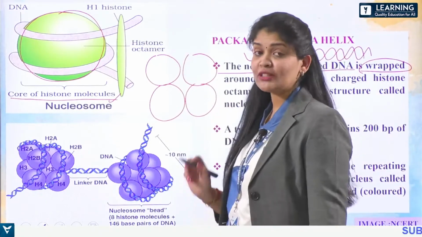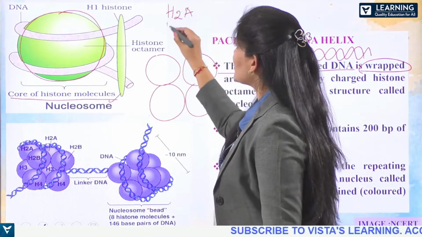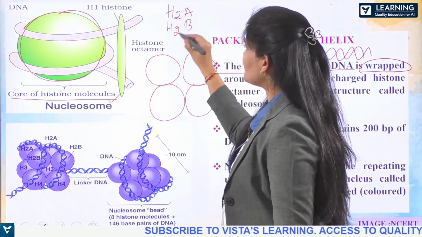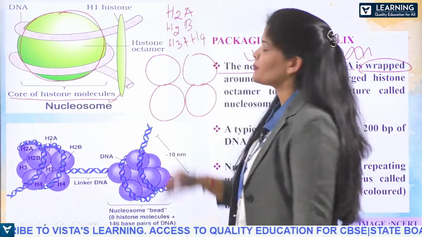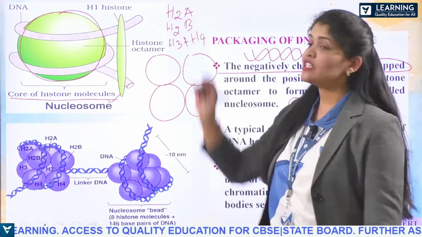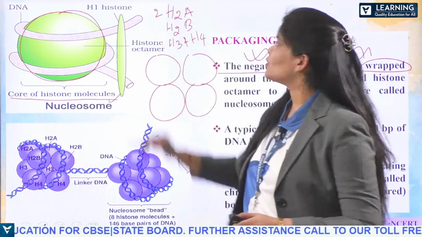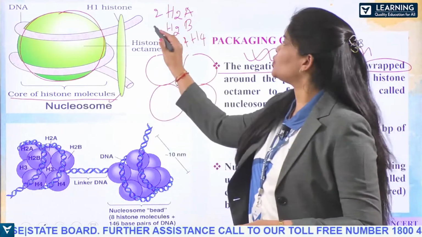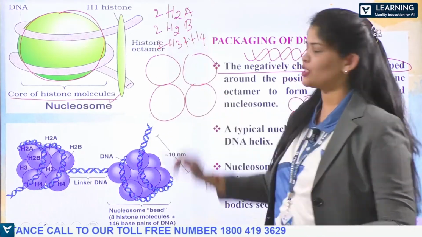What are those histone proteins? H2A, H2B, H3 and H4. These proteins will be present in 2 sets. That means 2 H2A molecules, 2 H2B proteins, 2 H3 and 2 H4.